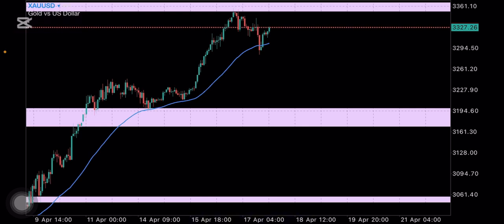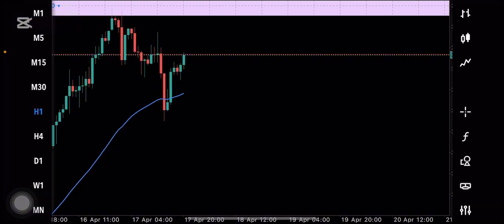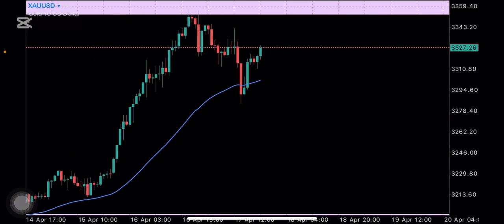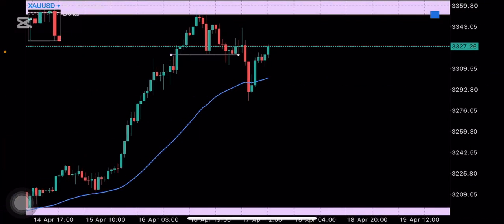So okay, let's see. This is 1 hour time frame, and we have this key level also, so we'll not forget that one.